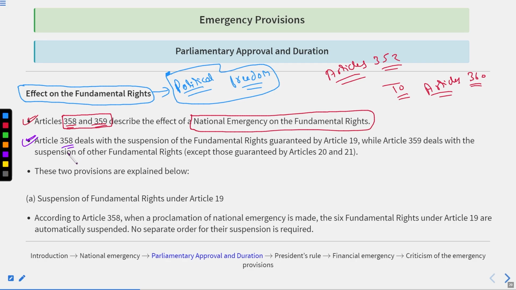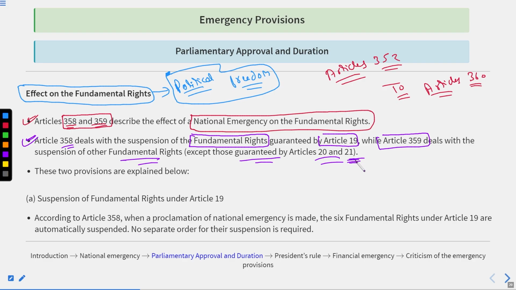Article 358 deals with the suspension of the fundamental rights, okay, guaranteed by Article 19, which is the right to freedom. Article 359 deals with the suspension of other fundamental rights except those guaranteed by Article 20 and Article 21.